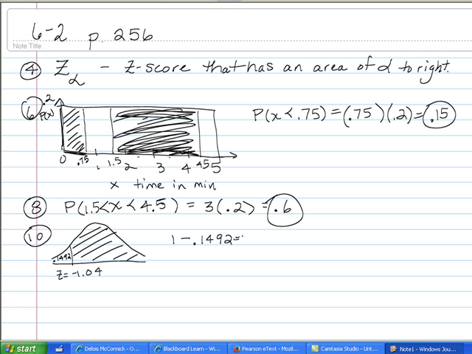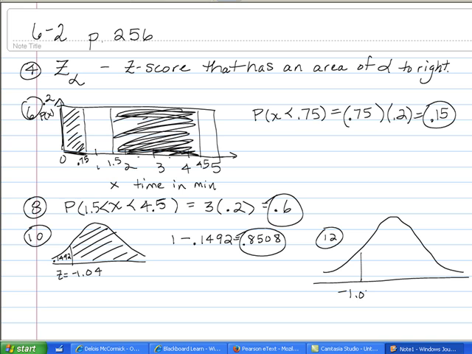Okay, number 12, we have another normal distribution. And this time we're looking between negative 1.07 and positive 0.67. Okay, so let's look up the area for 0.67. That's going to give us the area to the left.